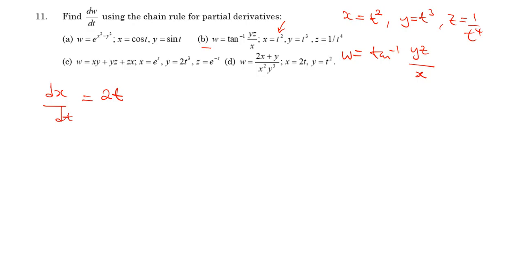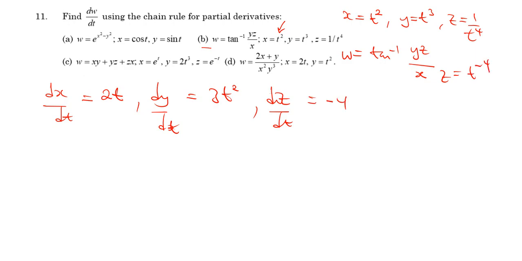Then dy/dt will be 3t squared, drop the power and reduce it. Then dz/dt: z can be written as t to the negative 4, so drop the power and reduce, you get negative 4 t to the negative 5. So this is what I get now.